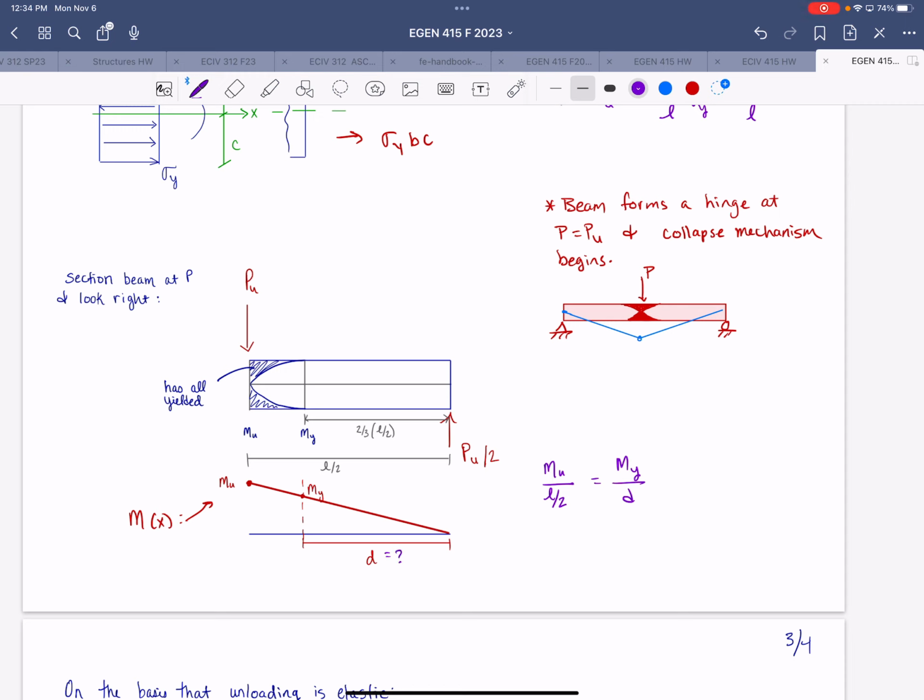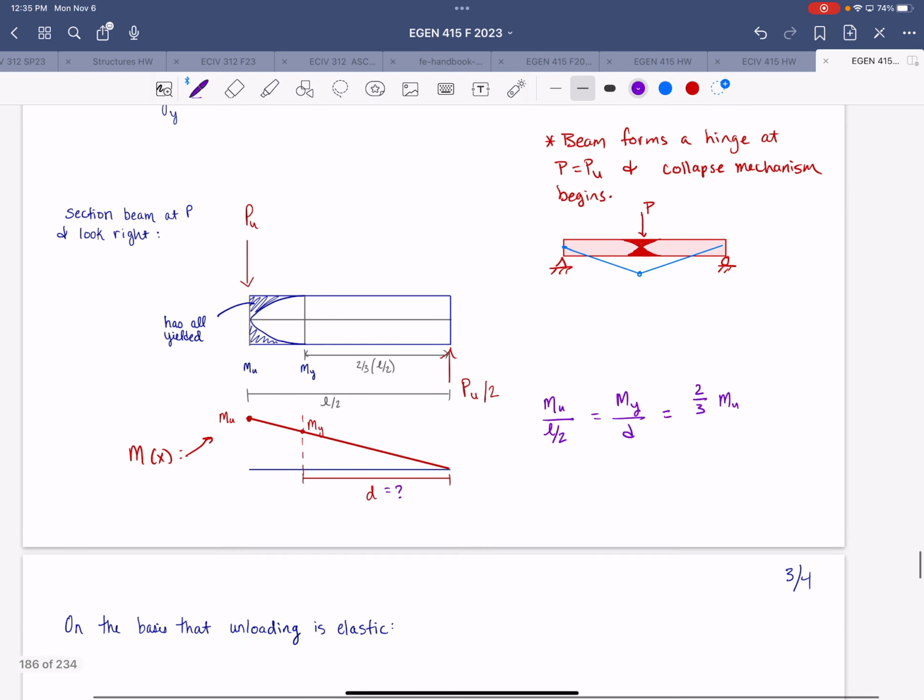So that's what we're solving for. And then we can substitute in our relationship from above, where My is equal to 2/3 of Mu. And then, solving for d, we just have d is equal to 2/3 times L over 2. So d is equal to L over 3.